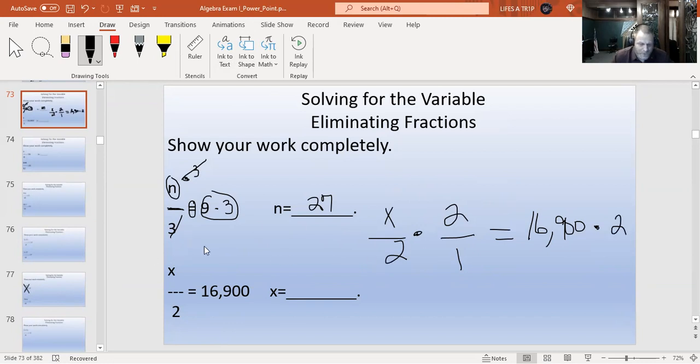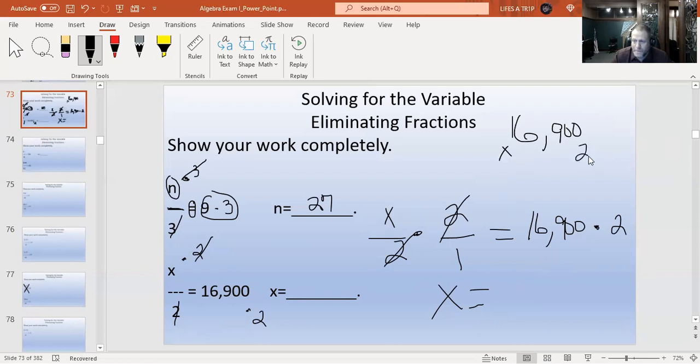All right. So let's do it the short way. We can do it times 2 and doing it to the other side as well, the same way. So cancel, cancel. And so x equals, what is 16,900 times 2?